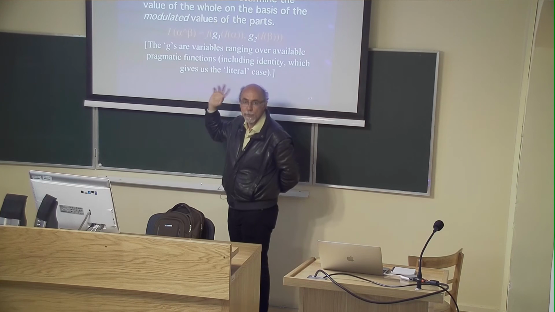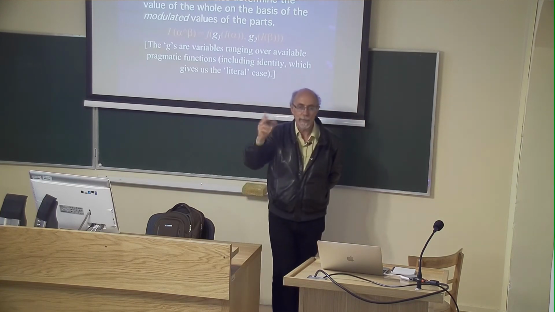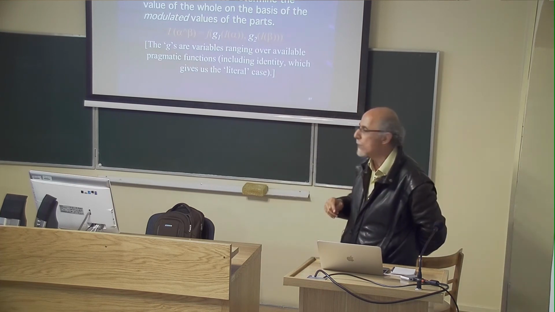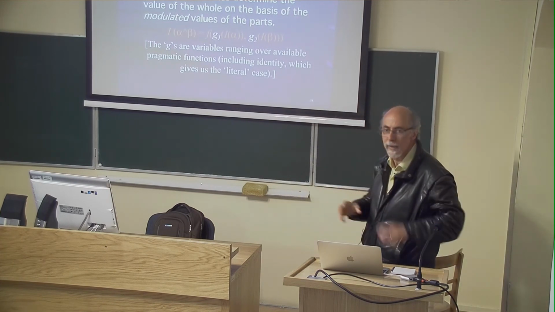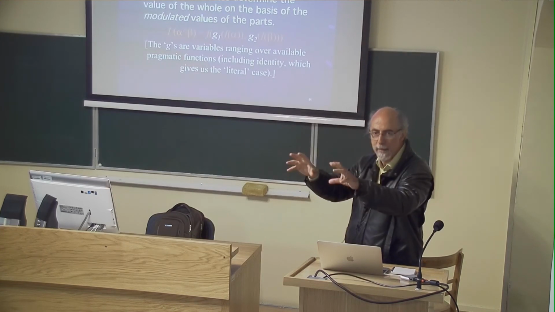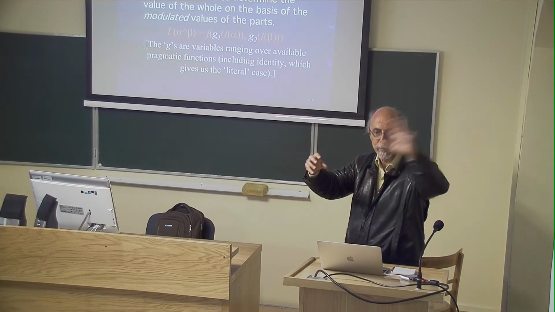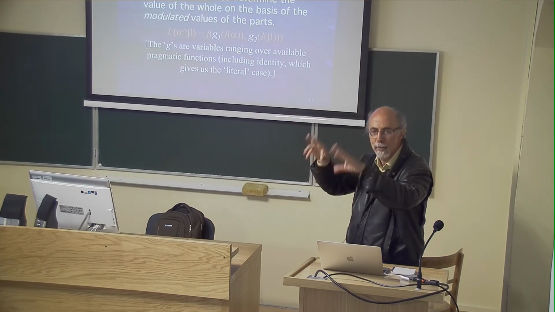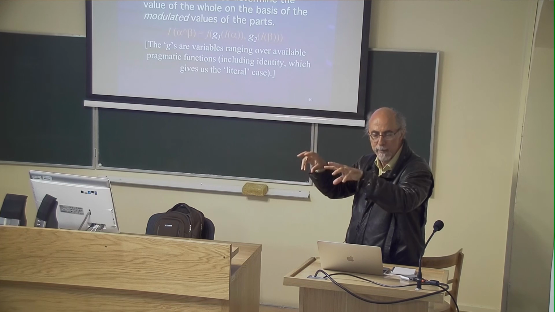But the suggestion here with this sort of hybrid picture, with a bit of compositionality and a bit of modulation, is that we modulate when we compose. So when we have expressions which we put together to determine the meaning of a more complex expression, each time we do that, we are allowed to modulate the meanings of the building blocks we use.